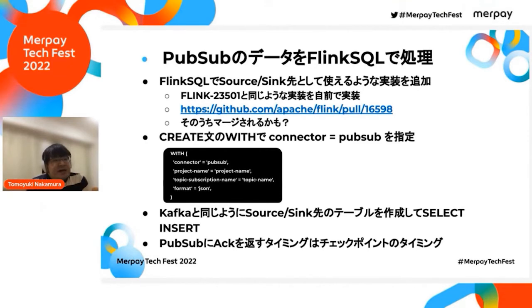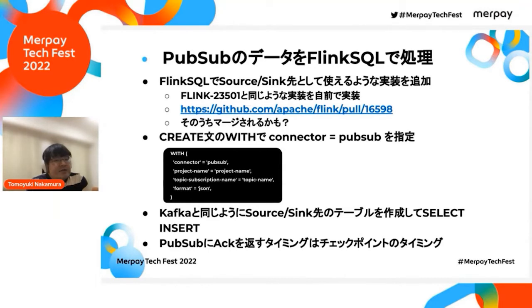We have a similar implementation of our own, which can also be used in SQL, just by specifying connector = pubsub in the CREATE statement. As with Kafka, you create a source or sink table and use it in the form of a SELECT INSERT. The timing of the ACK return to PubSub is the timing of the checkpoint, allowing you to deliver data completely on a checkpoint-by-checkpoint basis.